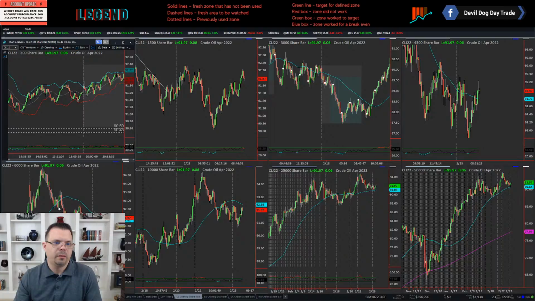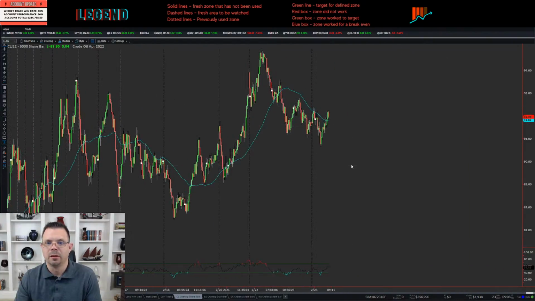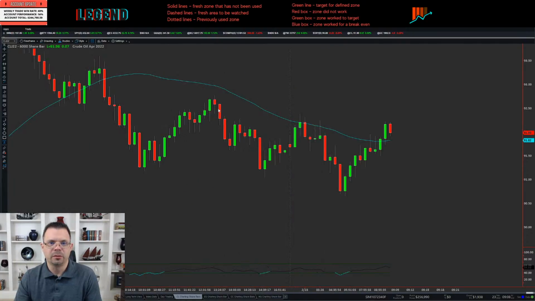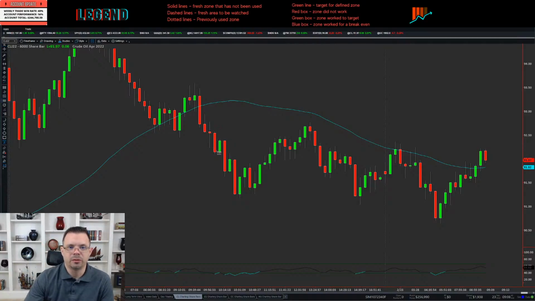Looks like I missed a short right here. Actually, I didn't miss a short, because we're in an uptrend, so you can't really take them. But just to show you, this is a picture perfect zone. The leg out candle from the second zone is much longer than the leg out candle from the first one. So you take the first zone.